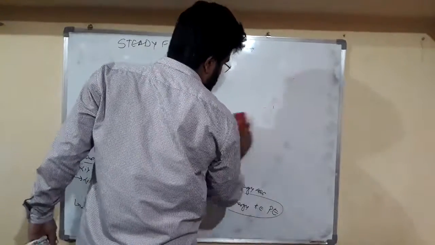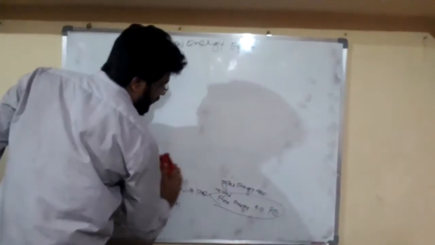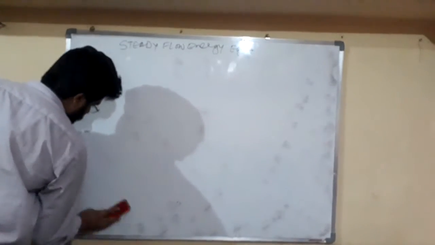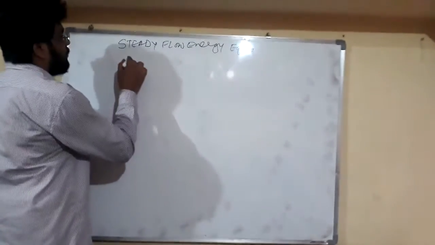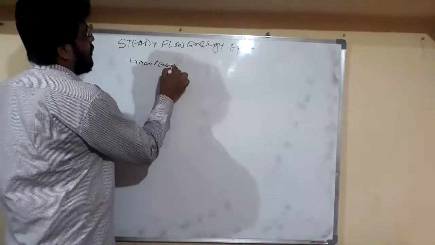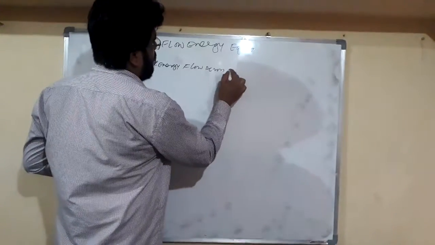So friends, mass also enters at the inlet and goes out. We have taken the assumptions. Now friends, here mass and energy flow across the system.